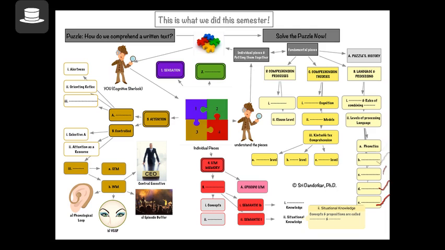Then we moved on to talking about comprehension theories. We said that if these levels of processing language talk about what happens when you read a text, processing the language itself, the comprehension theories give an explanation as to how things happen.